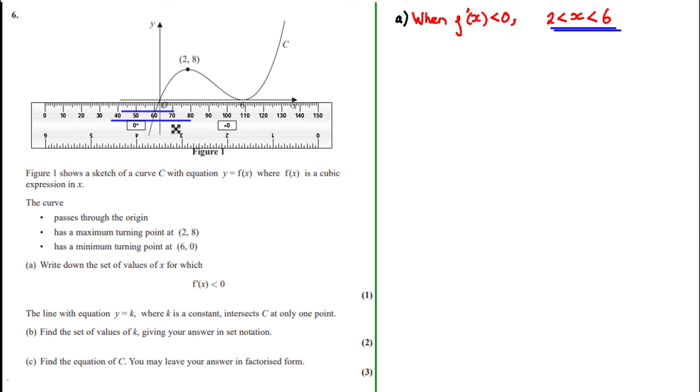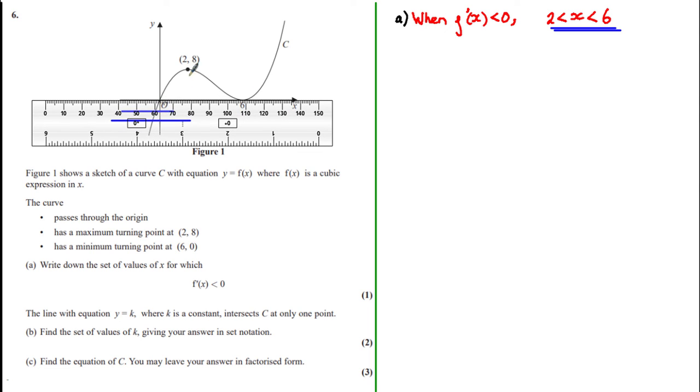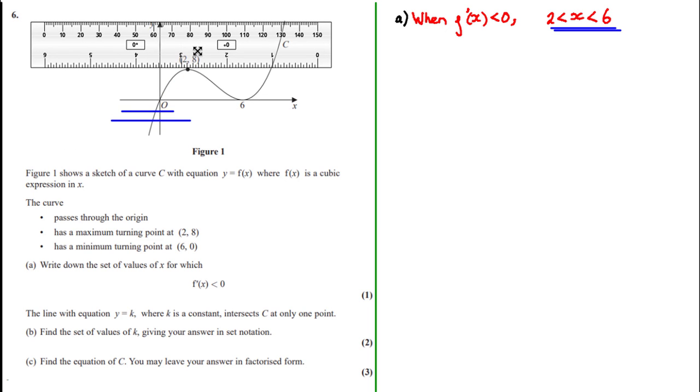But when we get to the x-axis, where y is equal to 0, we can see that we would get 2 points of intersection. So everything below the x-axis would satisfy the value of k we're looking for, but not including the line y equals 0. In fact, everything between y values of 0 and 8 would cause the horizontal line to intersect with C more than once.